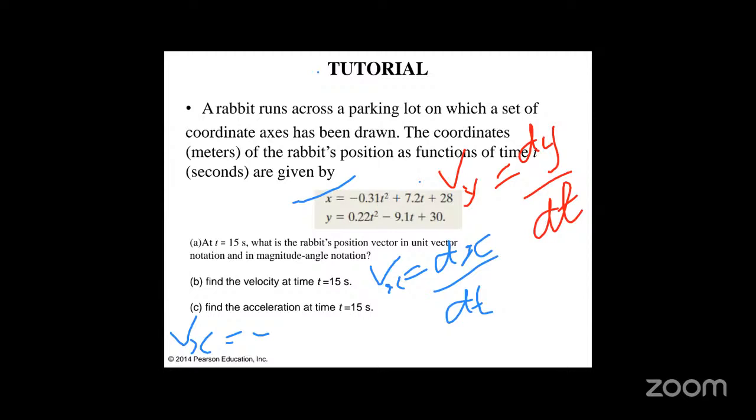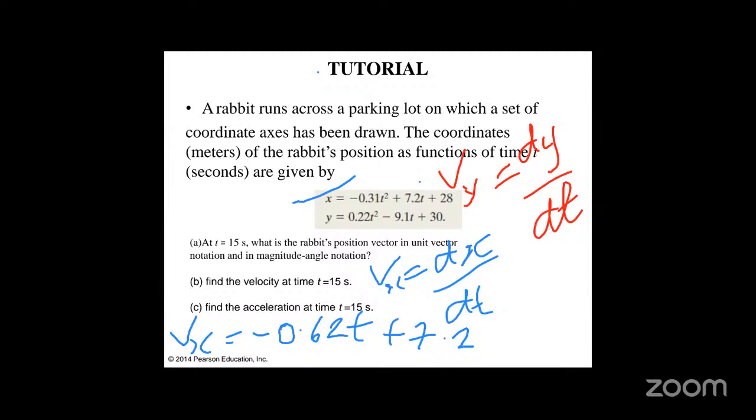So we have 2 times 0.31, that will be 0.62 t plus 7.2. So that is our Vx.